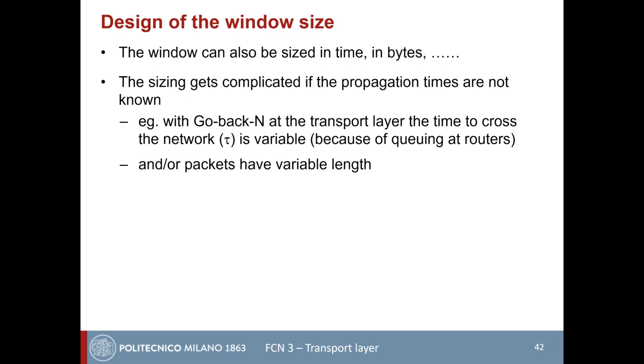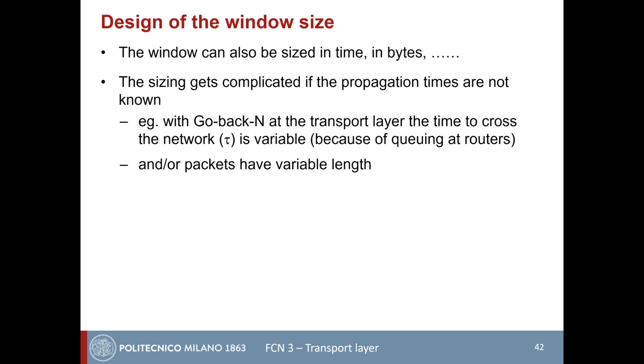As we have seen in the first part of the course, when you have a queuing system, you have a waiting time in the queue. So your packet that arrives here experiences a waiting time in the queue, which depends on the state of the queue: how many packets are already in the queue? This cannot be determined a priori. You can only have a statistical evaluation of the round trip time.